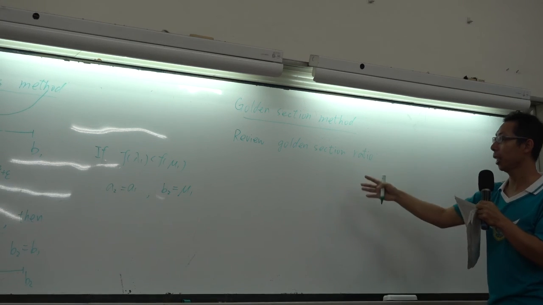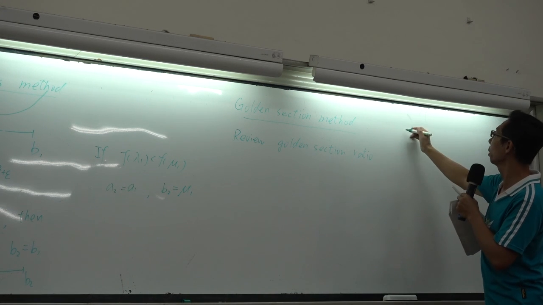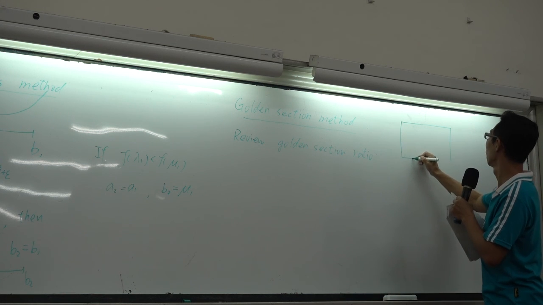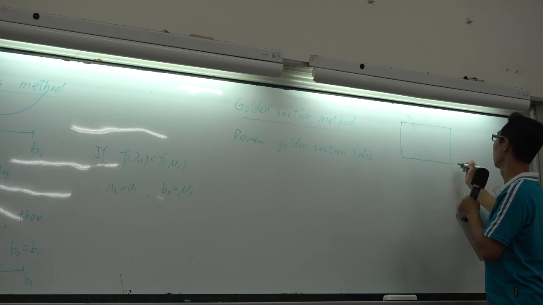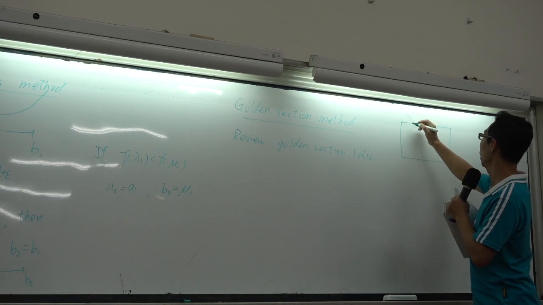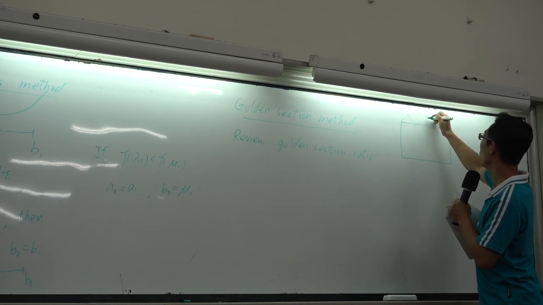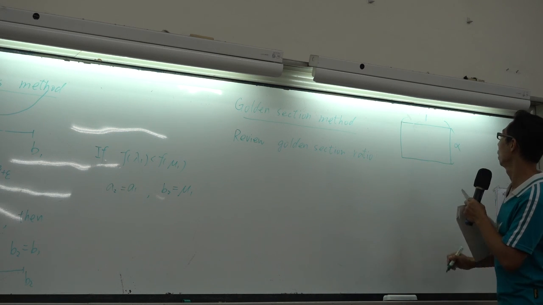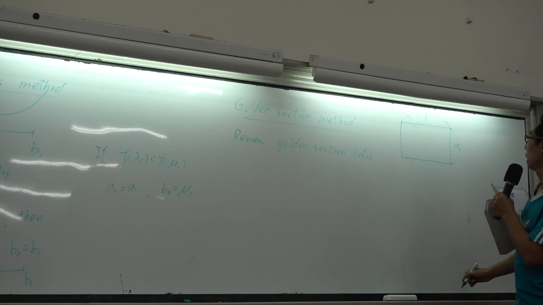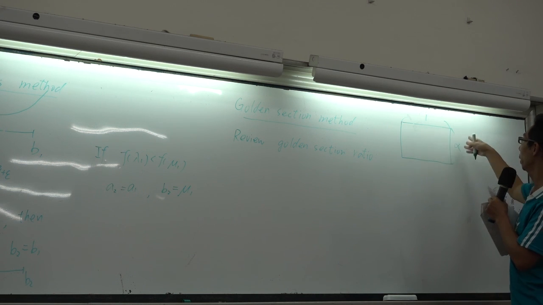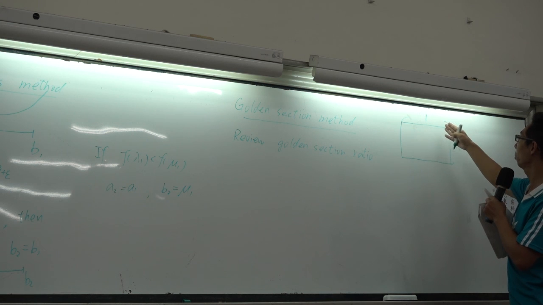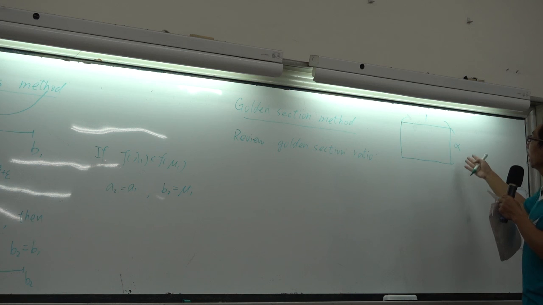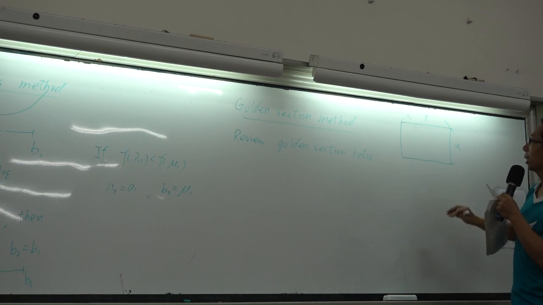usually we understand the so-called golden section ratio by using a rectangle. Let's say this is the length 1. And over here, this is the length alpha. And this kind of ratio, 1 divided by alpha, or alpha divided by 1, what kind of alpha is the best?